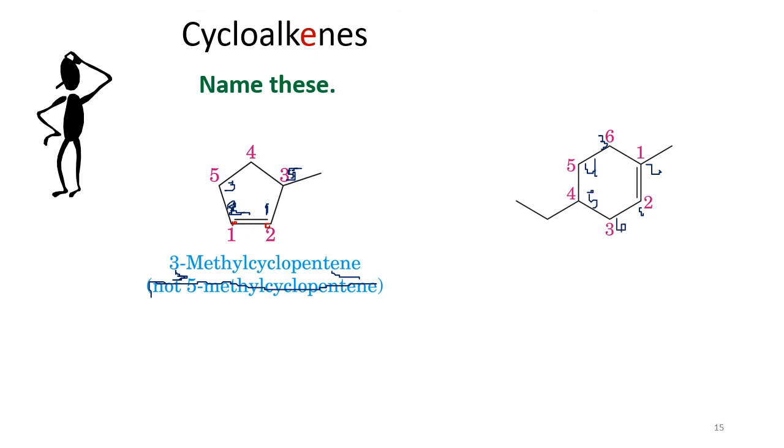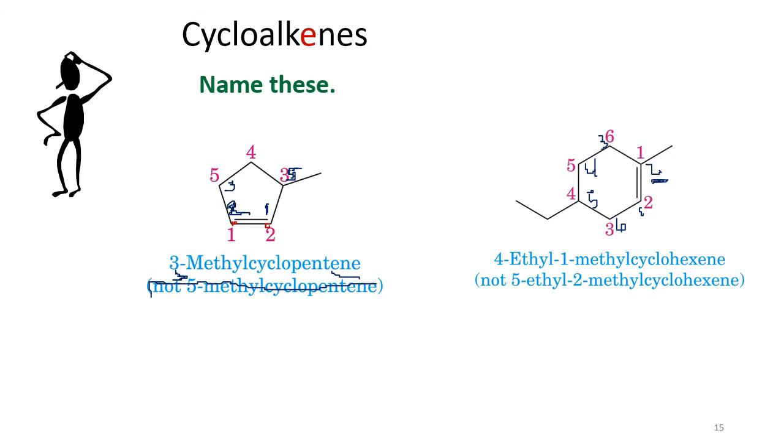That would be the alternate way of numbering it. And this one, we're showing you the correct way with the pink, is 4-ethyl-1-methylcyclohexene. And we choose that pink numbering because the 1 of that numbering gets us to a substituent with the number 1. If we do the other numbering, we don't get to a substituent until we have the number 2.